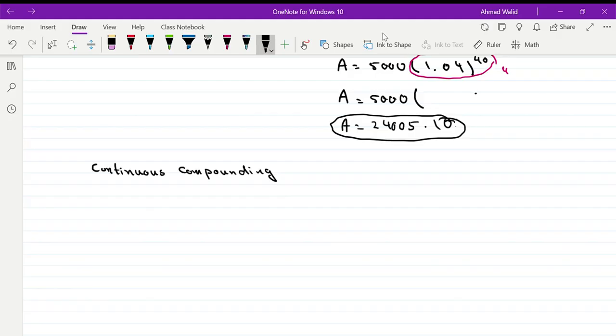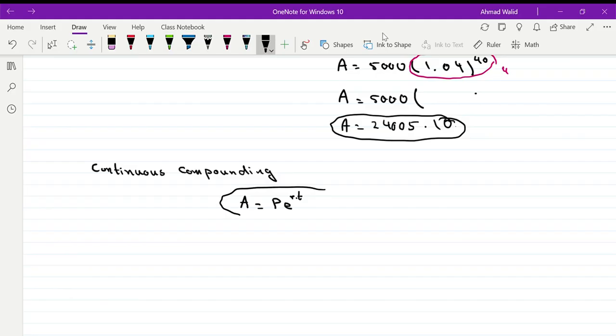Now, the formula for continuous compounding will be A equals P times e to the power of r times t. Correct? We call this formula continuous compounding.